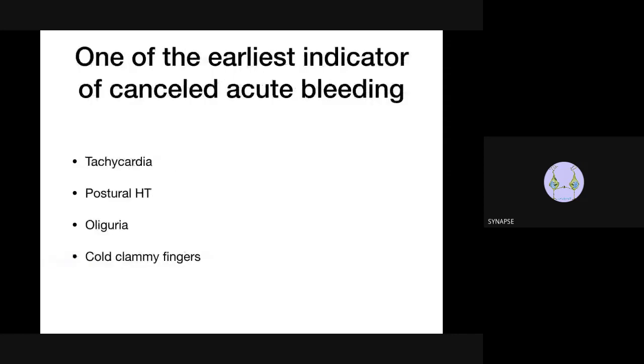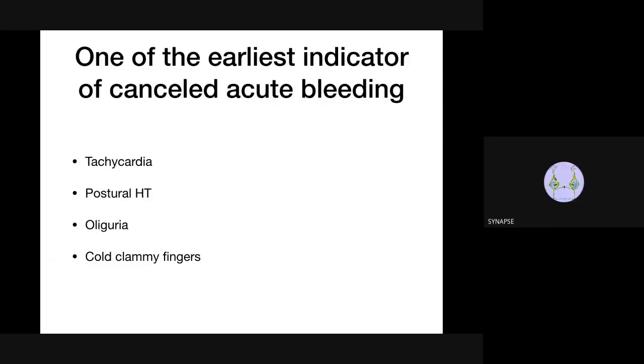Now, one of the earliest indicators of concealed acute bleeding, that is hidden acute bleeding, what will it be? Concealed bleeding is going to result in hypovolemic shock. A feature of hypovolemic shock is tachycardia, cold clammy fingers.